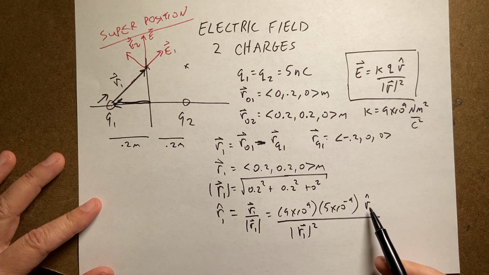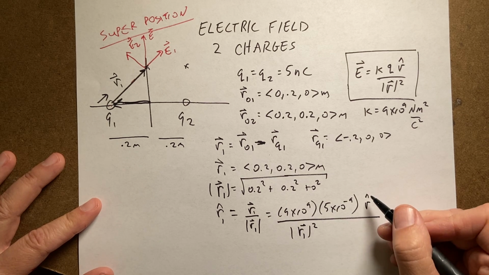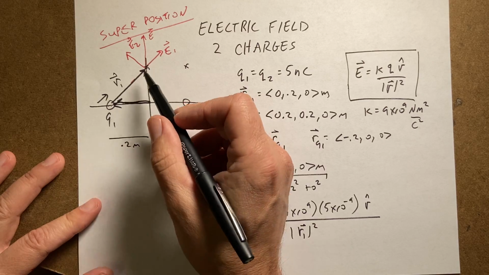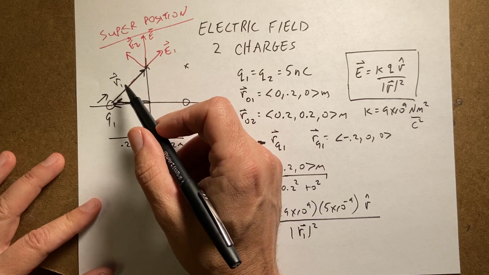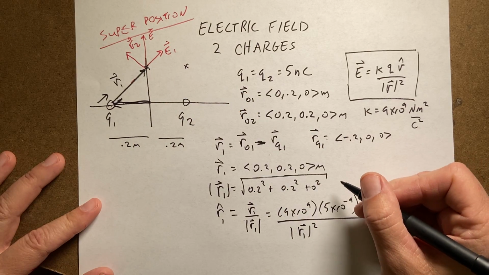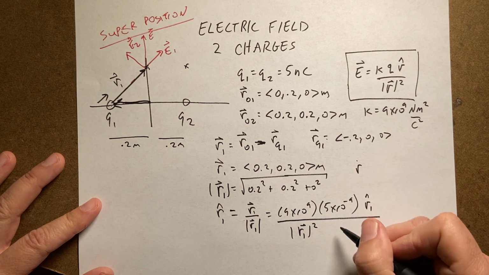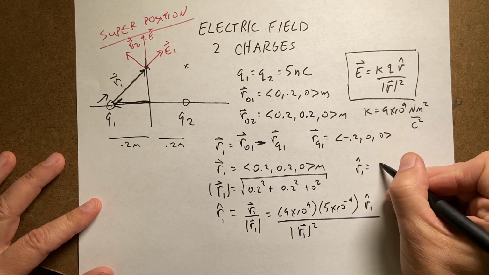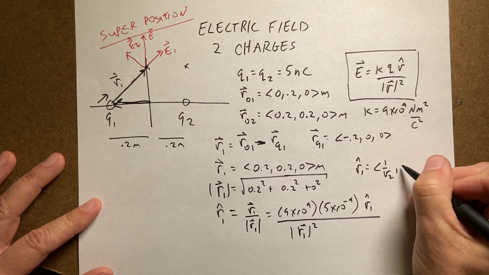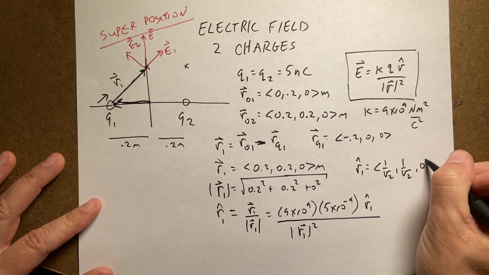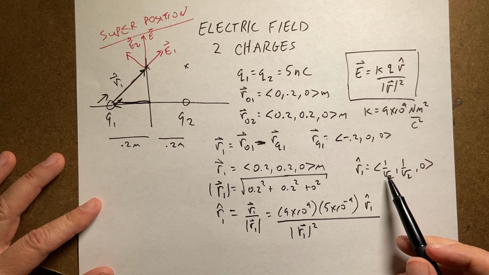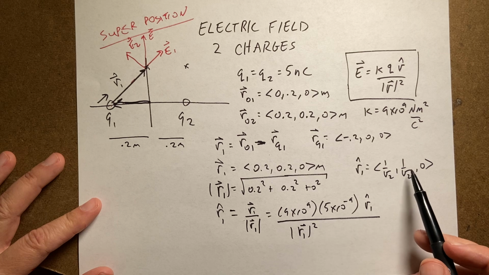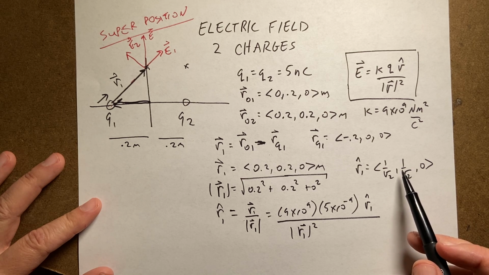Again, this is a vector, which I can actually give you. It's going to be at a 45-degree angle, so it should be 1 over the square root of 2. Actually, I can do that. This is R1 hat. R1 hat is 1 over the square root of 2, 1 over the square root of 2, 0. And I know that because if I square this, I get a half plus a half is 1, and taking the square root gives a 1.